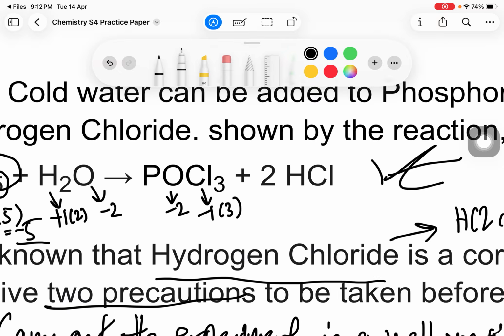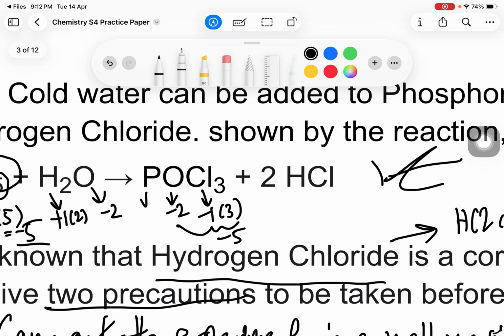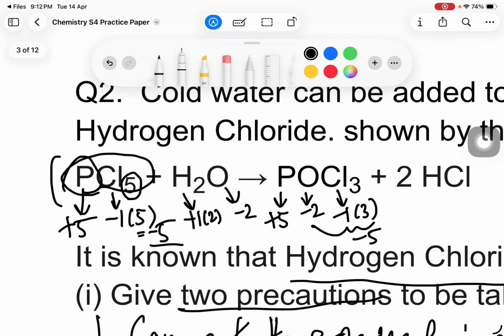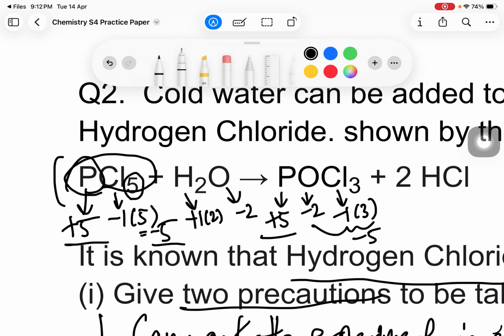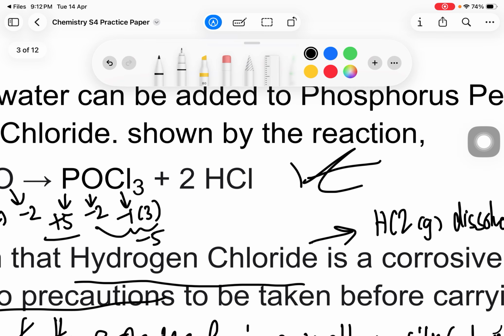If we sum all of this out, it will be -5, so P would likely be +5. So we realize one thing: the oxidation state of P never changed. So is this really a redox reaction? Let's finish finding all the oxidation states first before we come to a conclusion.